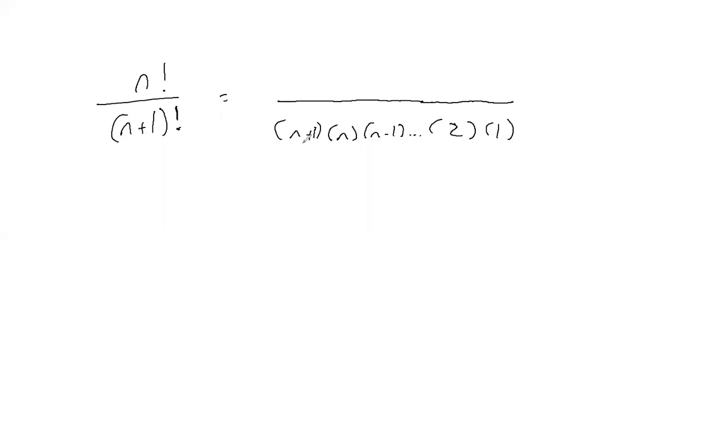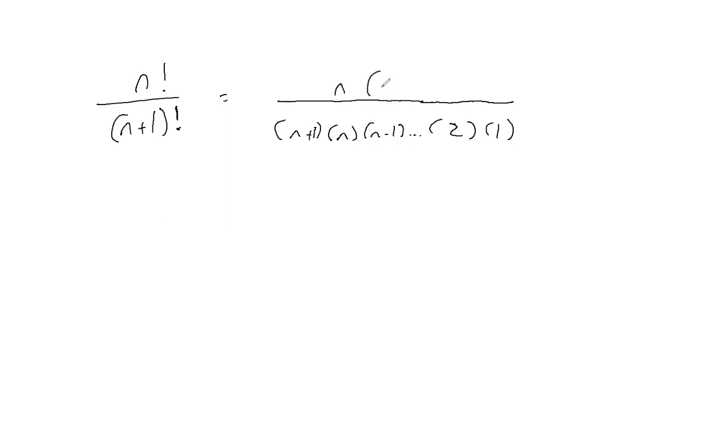What would n factorial over n plus 1 factorial be? Since n plus 1 is in parentheses, that means on the bottom, I'm starting with n plus 1, and then I'm multiplying down. So in the denominator, I have n plus 1 times n times n minus 1, so on, down to 2 and 1. And then what do I have on the numerator? I have n factorial. So we know what that is.